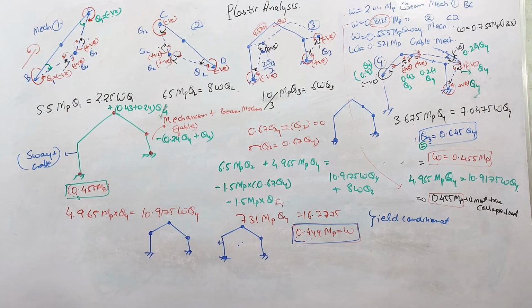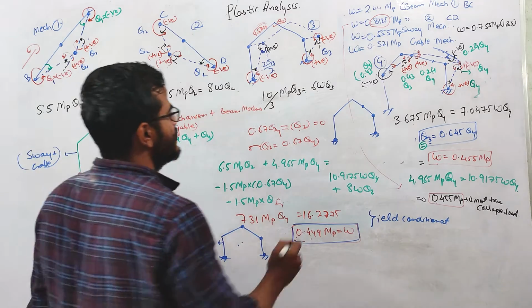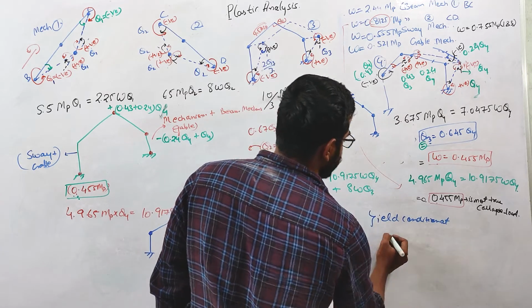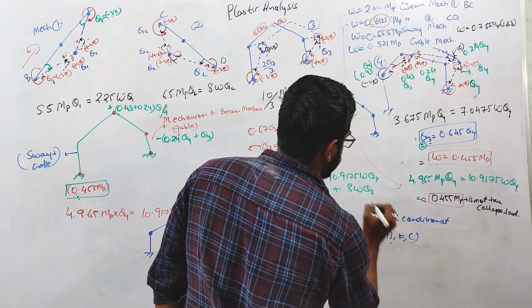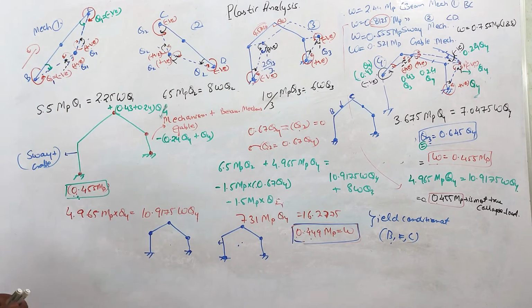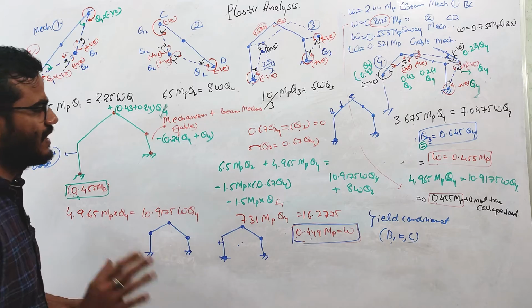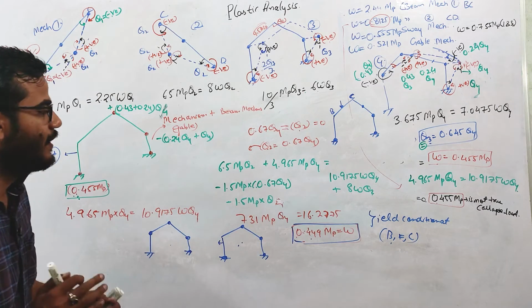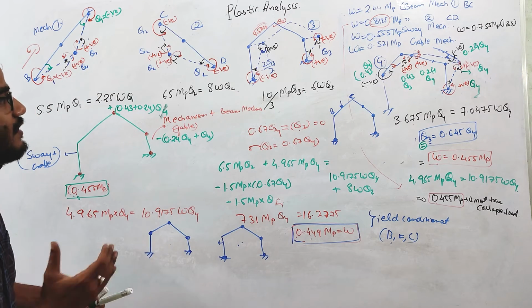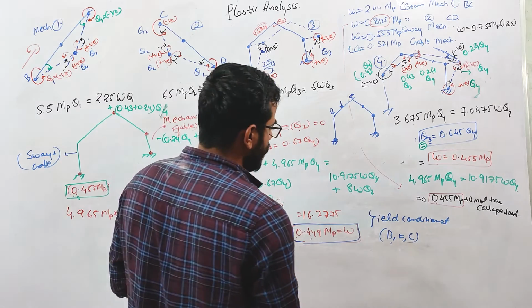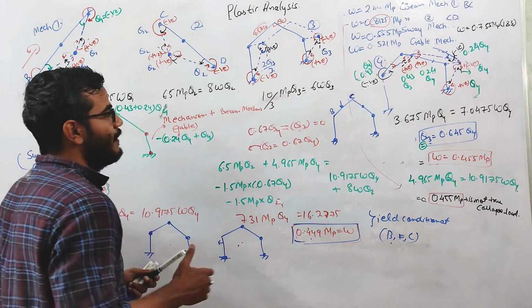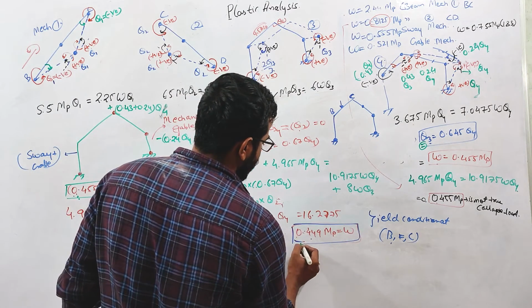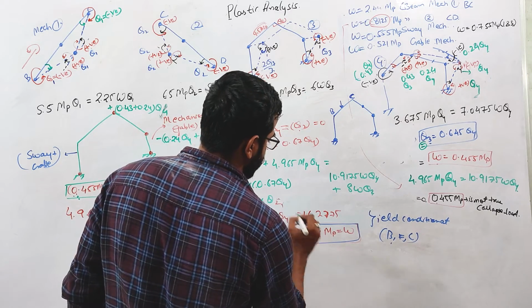You need to check the yield condition at this point C, this point B, and at this load. So you need to check B, F, G, and C. I've already discussed how to calculate the yield condition at different points. So you can check this and see whether this is a true collapse load or not. If you check this, the yield condition will also be satisfied and the true collapse load is coming out equal to this.